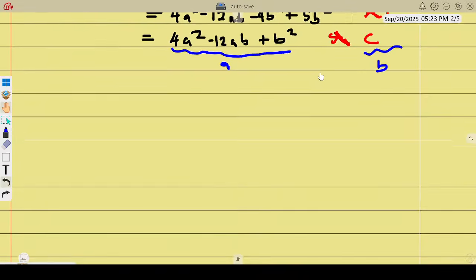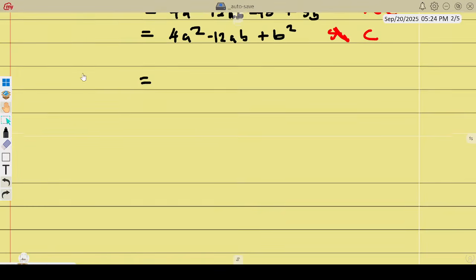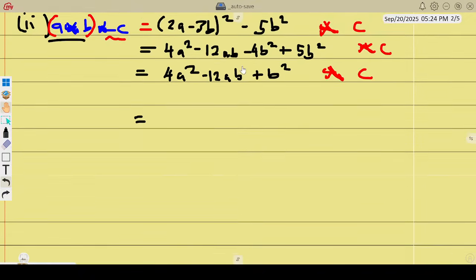So we can proceed. The best way to learn this is to follow how things are coming, and then solve again on your own. So what is our operation? Our operation, they said A star B, I've forgotten, A star B is 2A minus 3B.